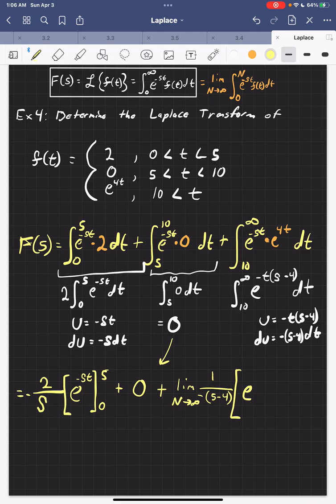So that's going to be e to the negative t times s minus 4. And now, instead of 10 to infinity, we'll be going from 10 to an upper bound of n.